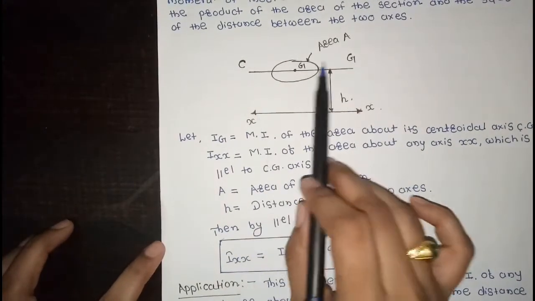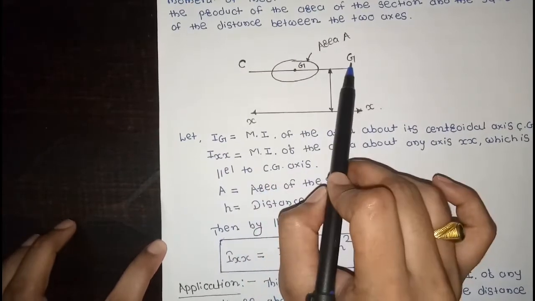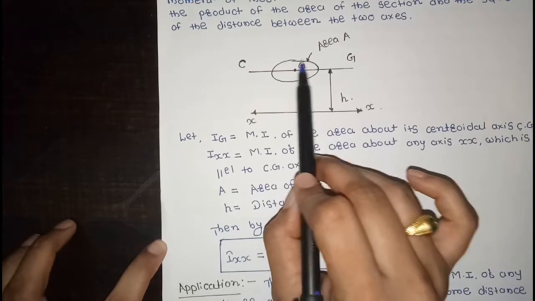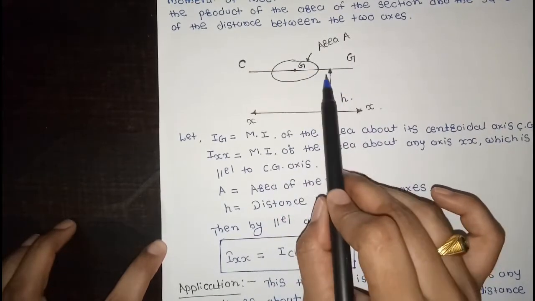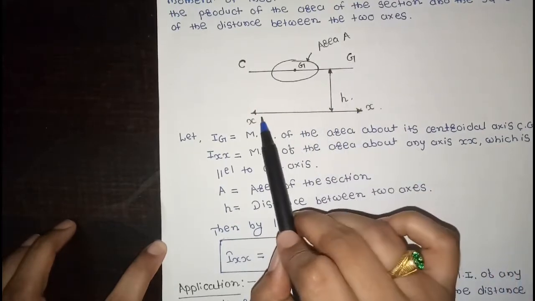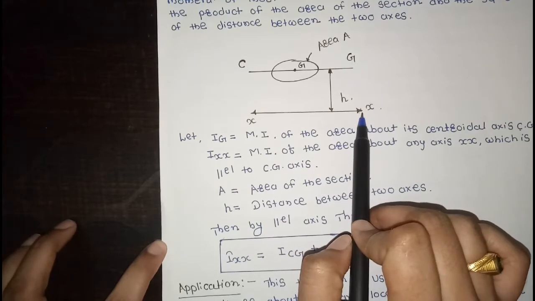Therefore, this diagram shows that G means center of gravity, CG means centroidal axis, area A means area of the plane section of this body, H means distance between two parallel axes, XX means moment of inertia about any axis.